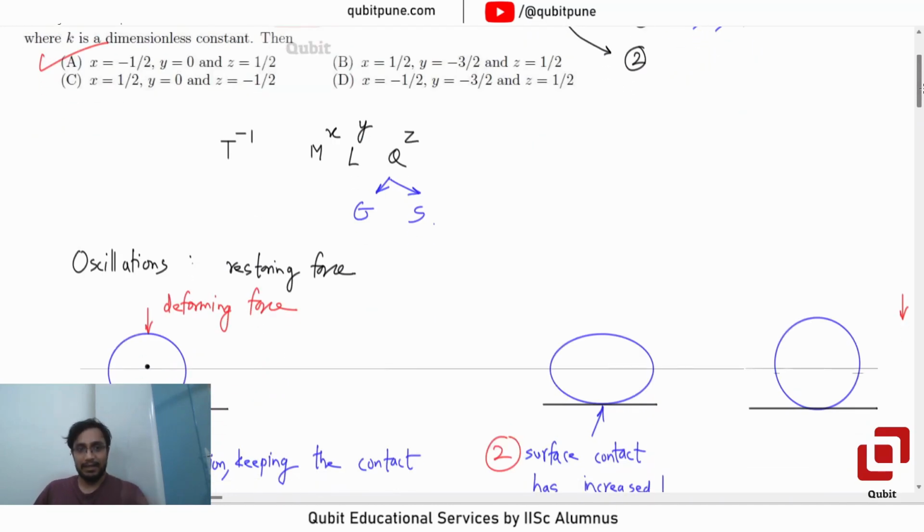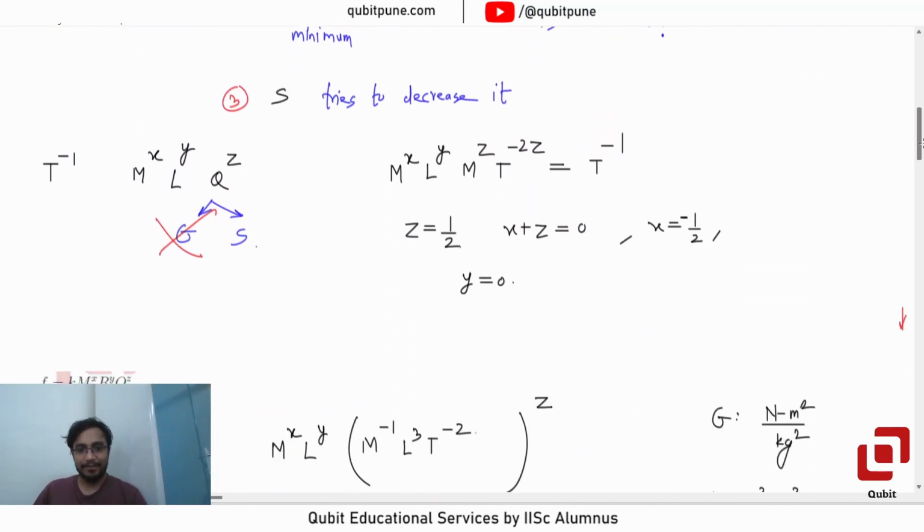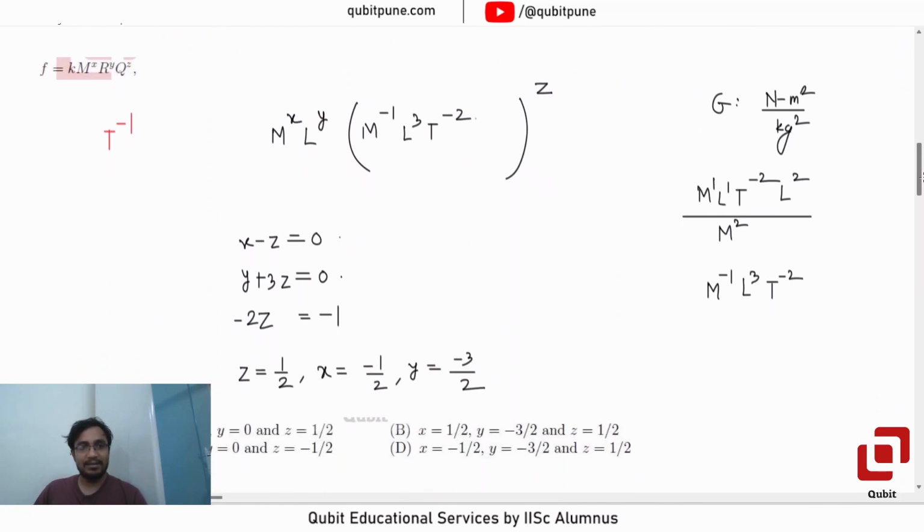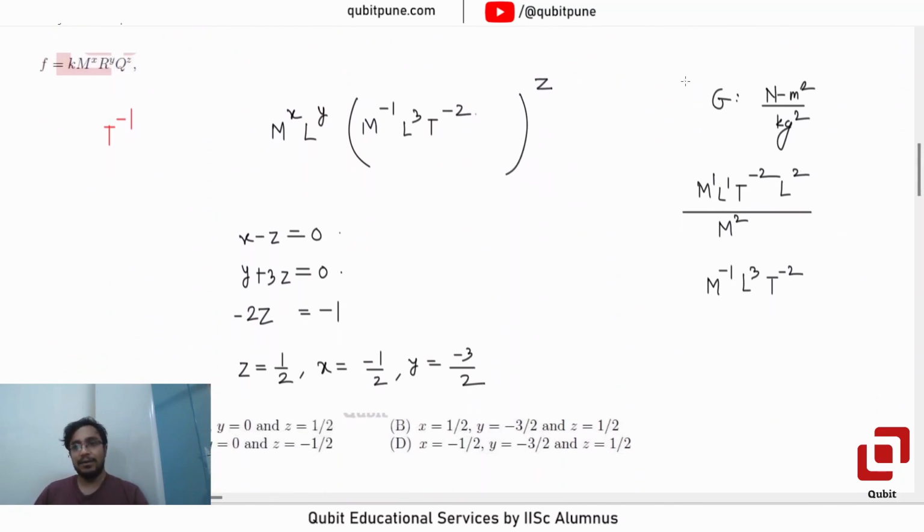And at the beginning I said D is also there, so I have done that for you. Here is the analysis. I first found the dimensions of G based on its units, and then substituted those here. Initially we substituted S, now we have gone for G, and it also gives us the ordered triple x equal to negative 1 upon 2, y equal to negative 3 upon 2, z equal to 1 upon 2, which matches option D. But we know option D is not right.